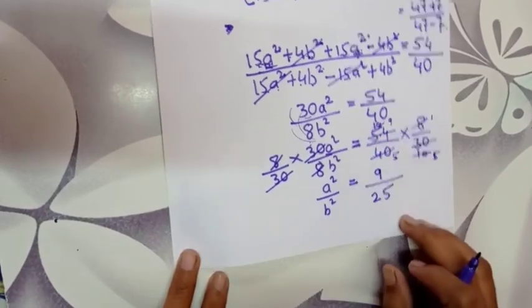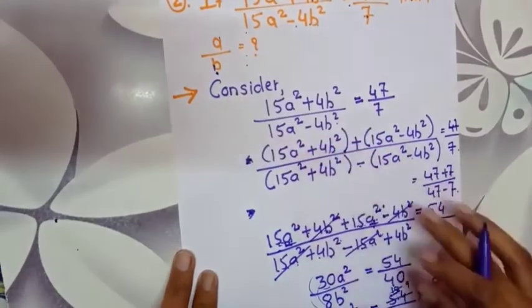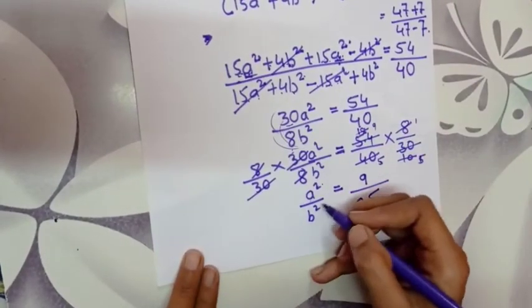Simplifying that, now here a square by b square is there, but we need a by b.